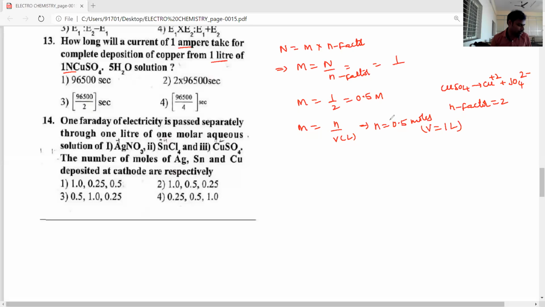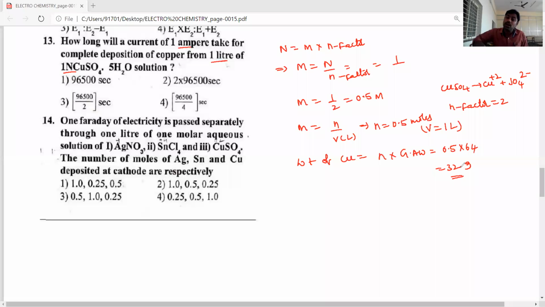The weight of copper equals n into the gram atomic weight. The gram atomic weight of copper is 64, so 0.5 into 64 is equal to 32 grams.